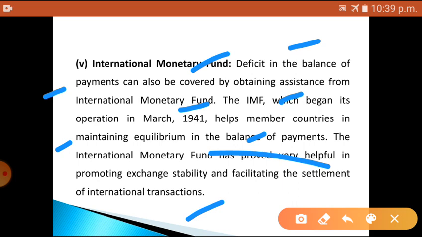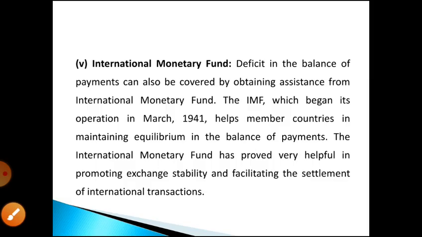So these were certain points that I have explained as methods to control BOP. Apart from these five points, there are certain other points, like export promotion.